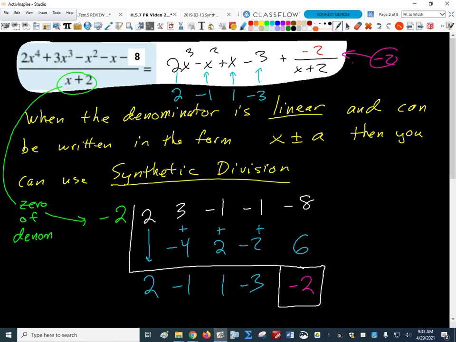So you can use synthetic division. You can always fall back on this if you meet these criteria, right? If the denominator is linear and you've written it in the form, the coefficient of x needs to be 1, x plus or minus some number, then you can always use this process, okay?